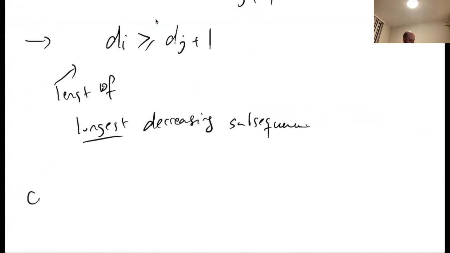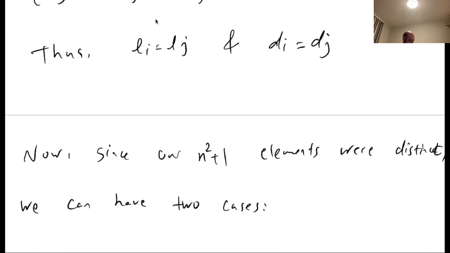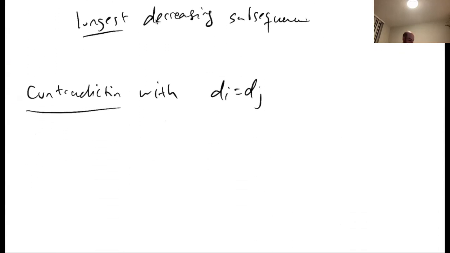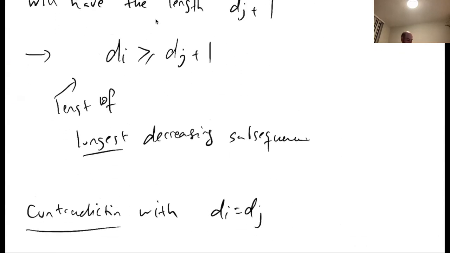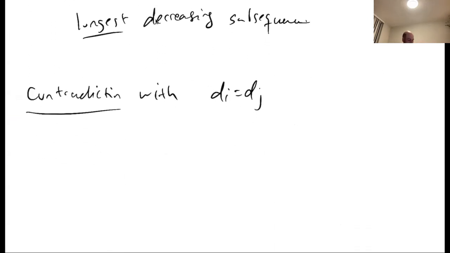And this is a contradiction with di equals dj. Remember, previously we concluded di must be equal to dj. And this is, of course, in contradiction with di bigger than or equal to dj plus 1. So in any case, we reach a contradiction.